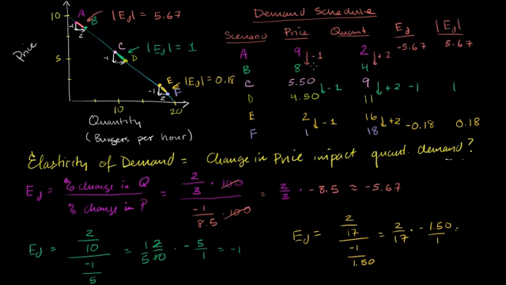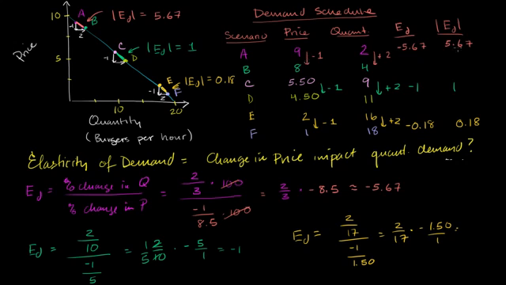So this price percent change was in the teens, while this quantity percent change was 67%, 2 over an average quantity of 3 in this region. So you had a relatively large, actually quite large, percent change in quantity over a relatively small percent change in price. 67% over something that's roughly in the mid-teens percentage.